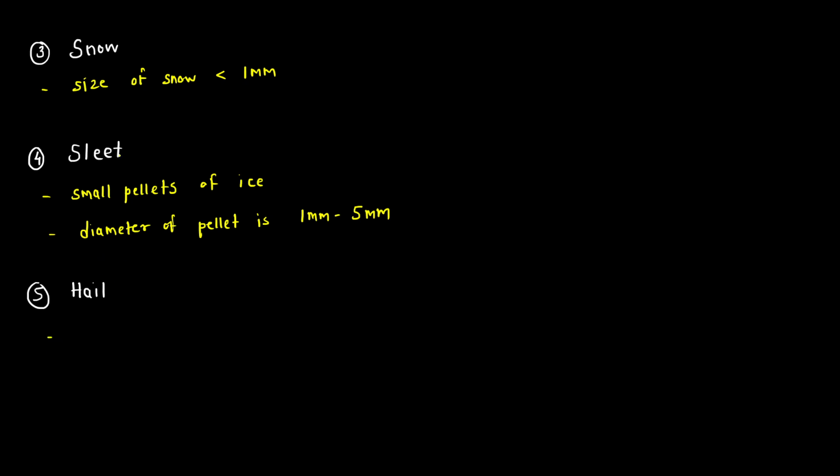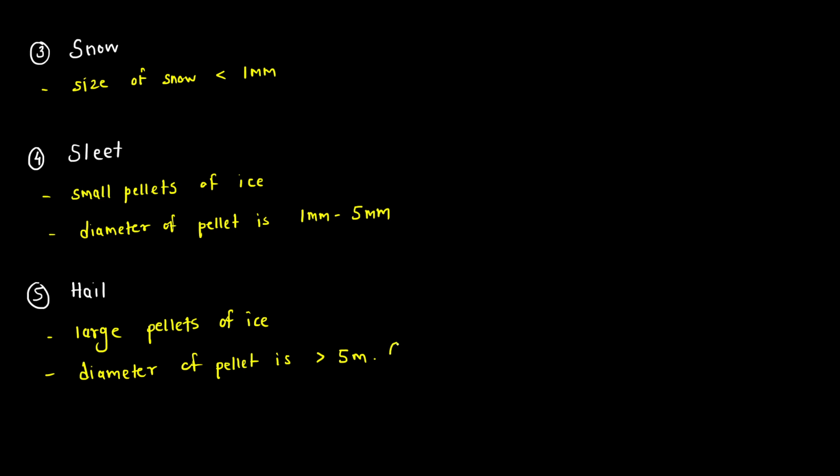So snow, sleet and hail, these are all forms of snow only, but based on the size, these three are classified. If the size is less than 1 mm, then it is called snow. If the ice size is between 1 mm to 5 mm, then it is called sleet. If it is greater than 5 mm, these are large pellets of ice, and the diameter of the pellet is greater than 5 mm.